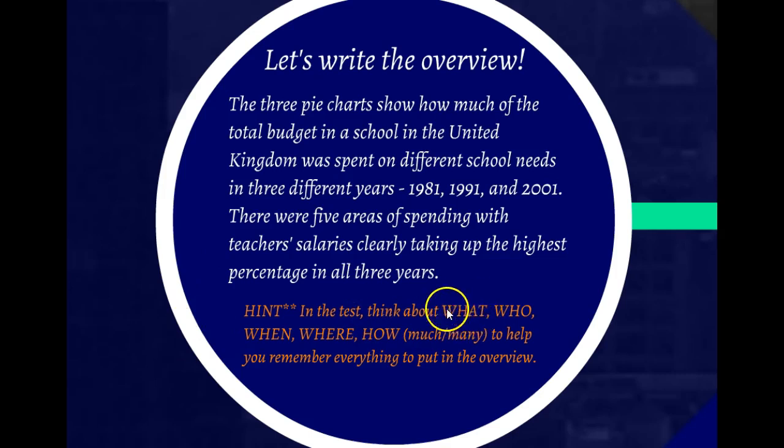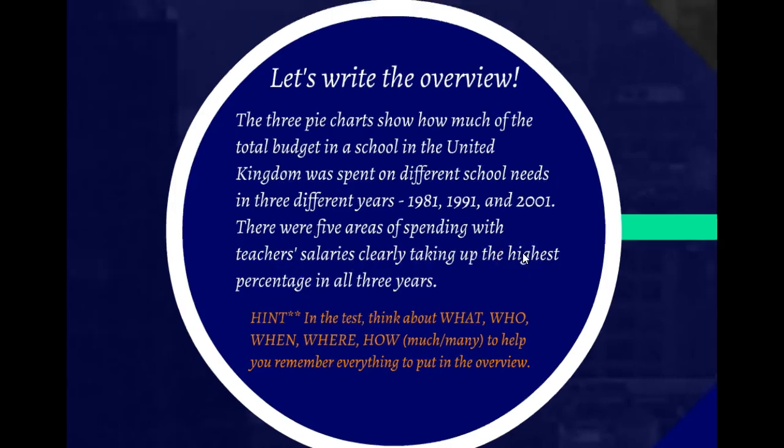Try to use the question words like what, who, when, where and how much or how many, just to help you remember everything to put in the overview. Some students also like to put the absolutely most significant feature, which is that teachers' salaries clearly took up the highest percentage.